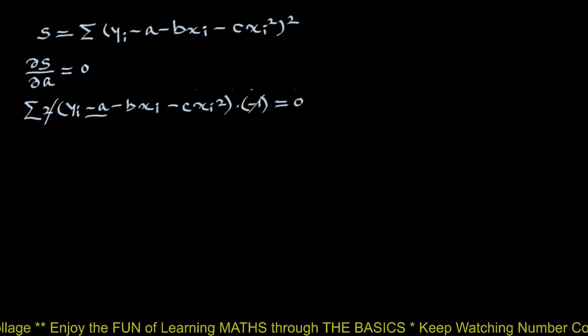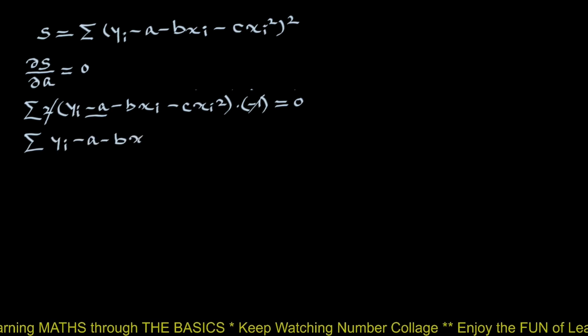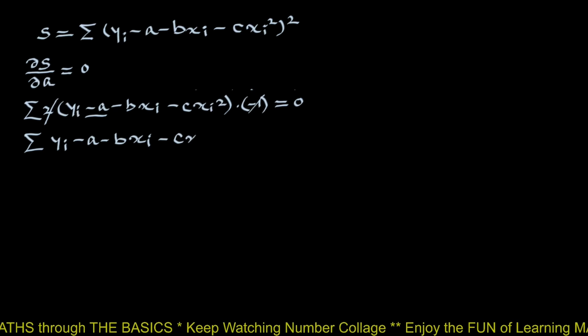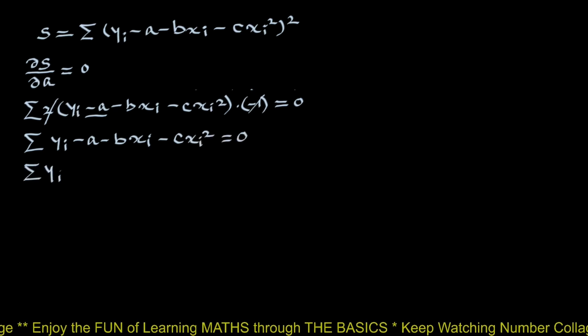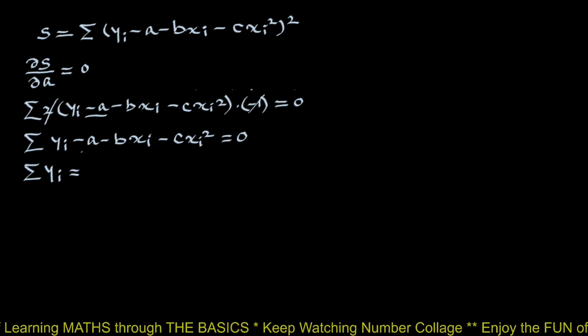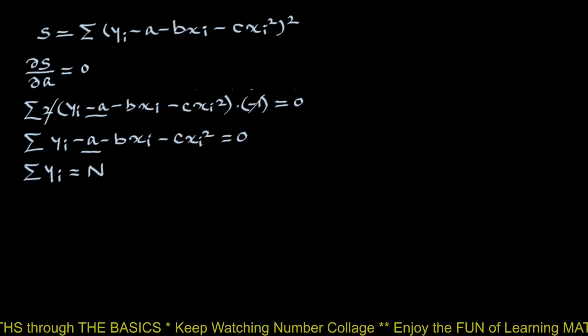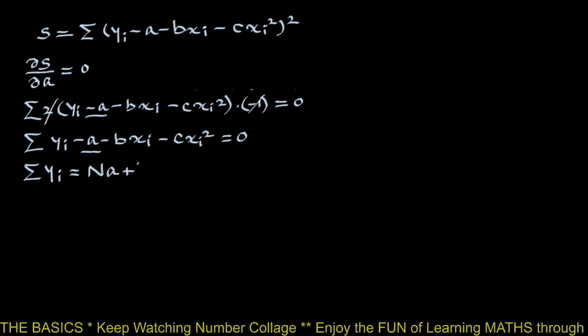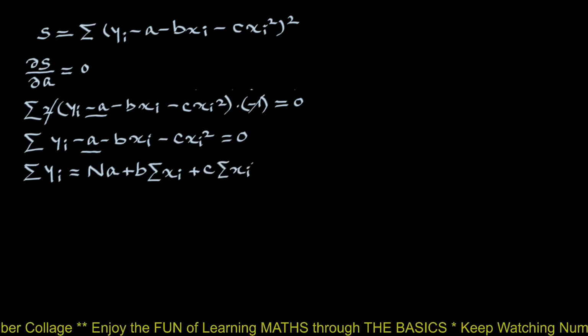Cancelling minus 2, summation yi minus a minus bxi minus cxi square equals 0 gives summation yi equals, for summation a we write number of observations n into a, plus b summation xi plus c summation xi square.